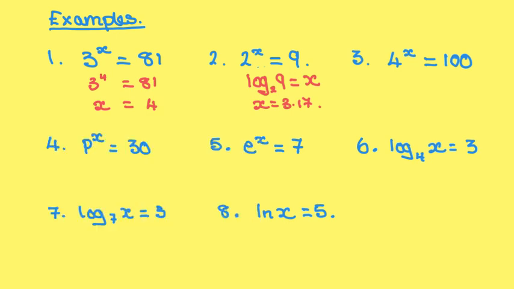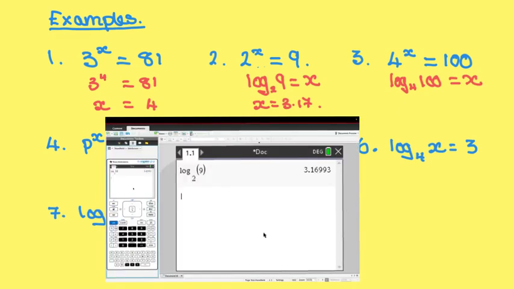Question 3. 4 to the power of x equals 100. So I can write that as log 4 of 100 equals x. So I'll reopen my GDC, and this time I want to go to logs again.